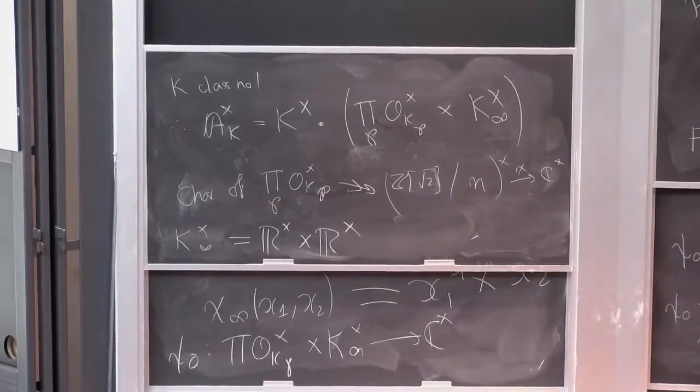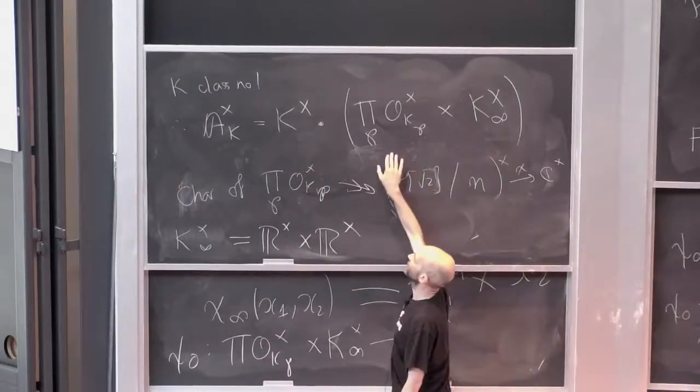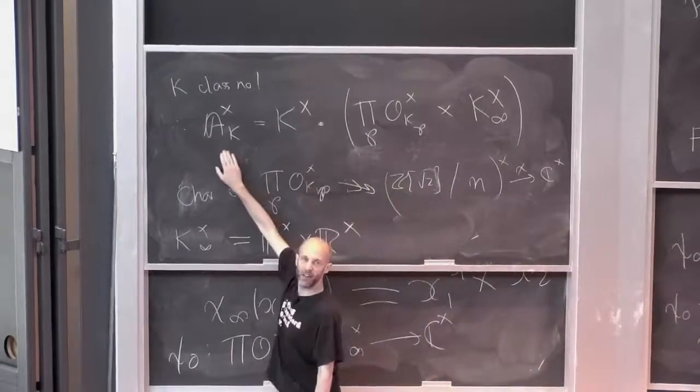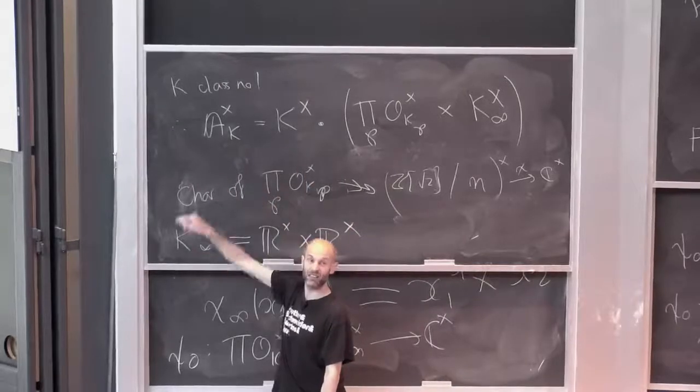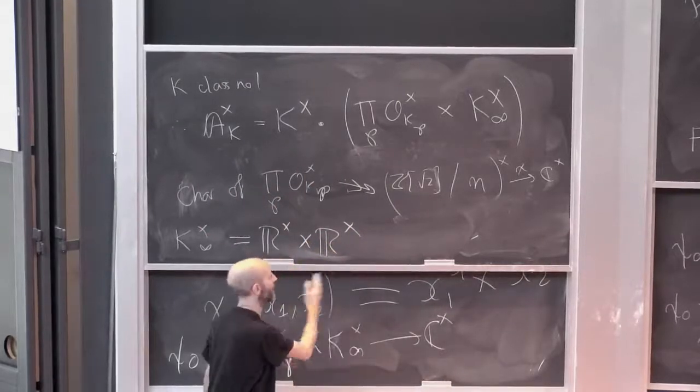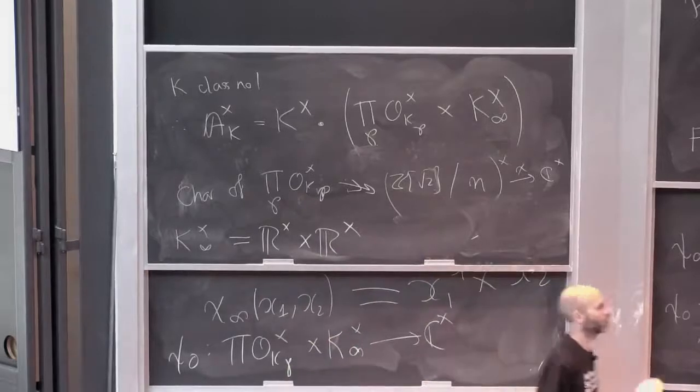We get that kind of data, and then we have to solve this equation, make sure it's trivial on the units, which is going to be some relation amongst the data. And then we've got a character of this guy here, and we just have to extend it by making a finite amount of extra choices. So for a general Grössencharacter, that's the formula for what a Grössencharacter looks like. Finite combinatorial data, and then something.